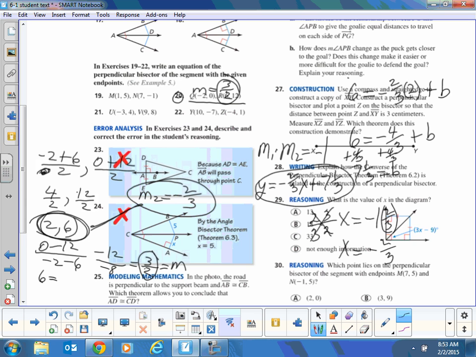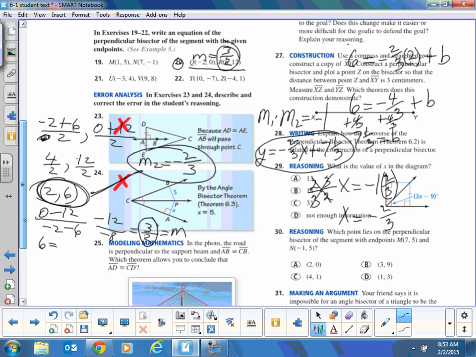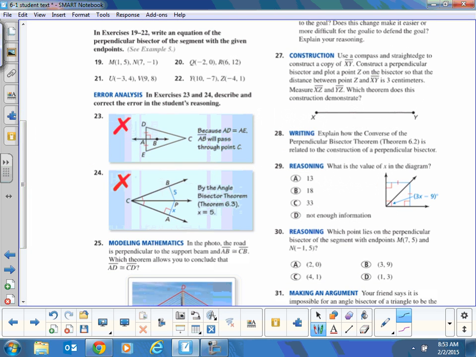Okay, I'm going to go through these next two kind of fast, so just write them down as I go. First, I'm going to find the midpoint. I've got negative 3 plus 9 over 2, and 4 plus 8 over 2. I've got 6 over 2 and 12 over 2.